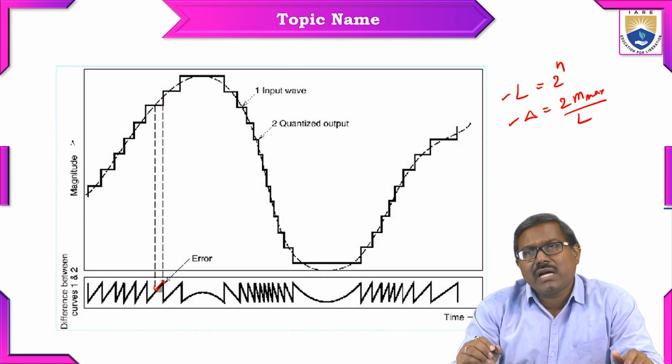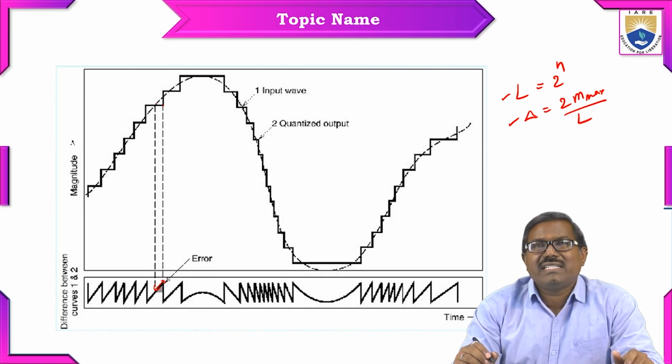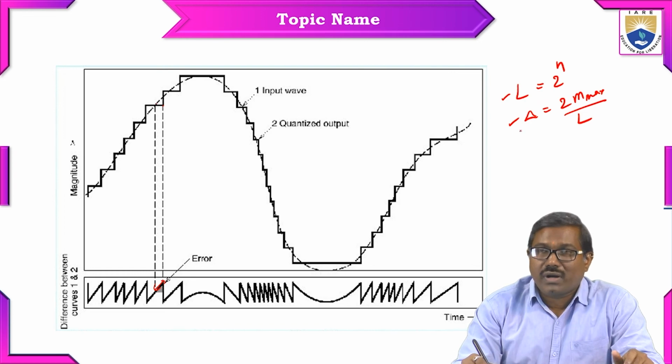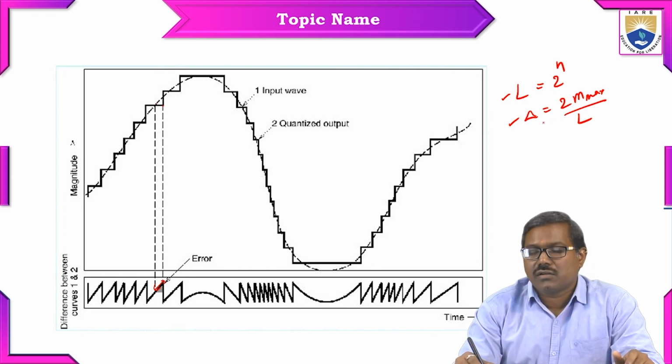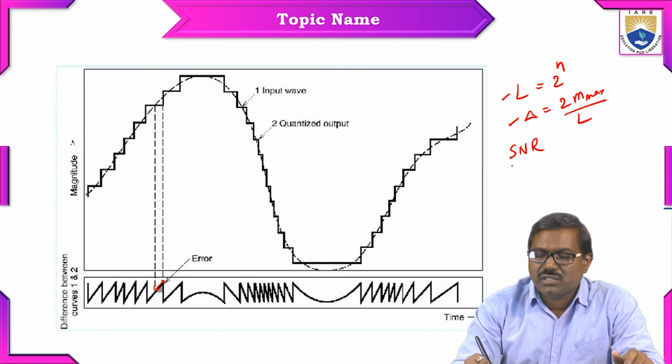When you use the quantizer, the quantization noise must reduce. That quantization noise is going to affect the signal to noise ratio.